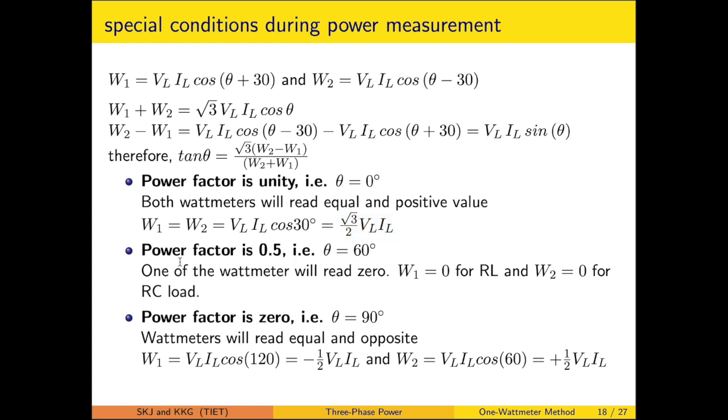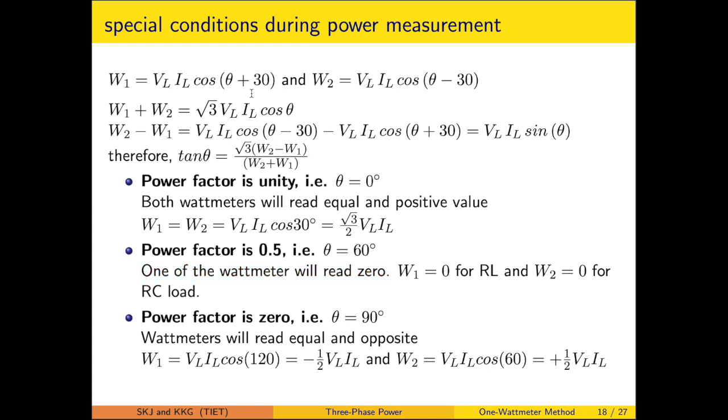There is a special case when the power factor is 0.5. So 0.5 means theta is equal to 60 degrees. The power factor can be of lagging nature or of leading nature. Because of this, one of the wattmeters will be reading 0, that is certain. However, which one will be reading 0?